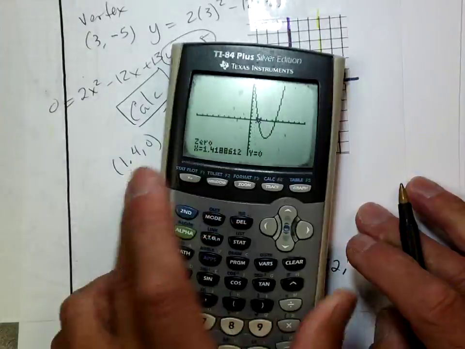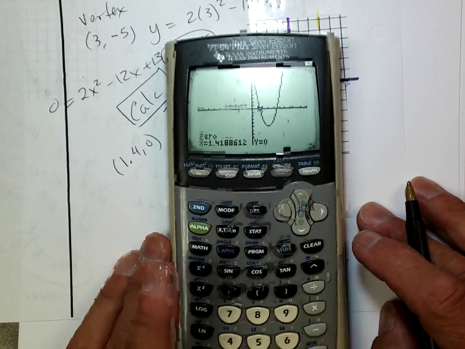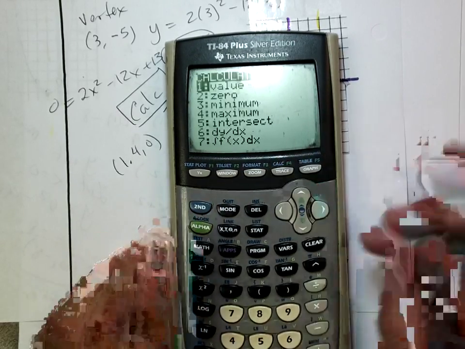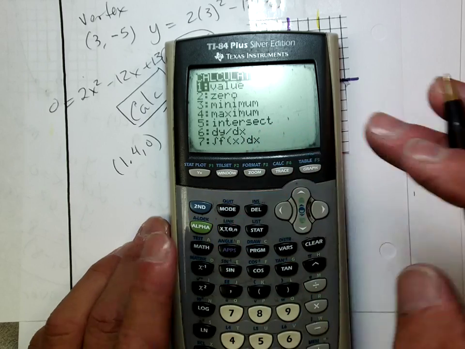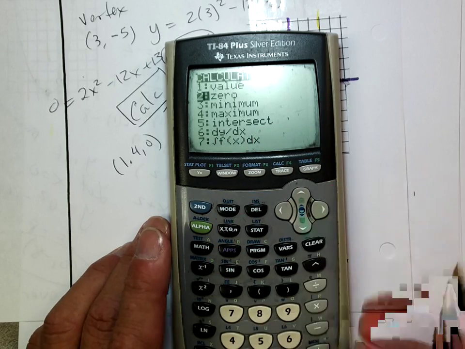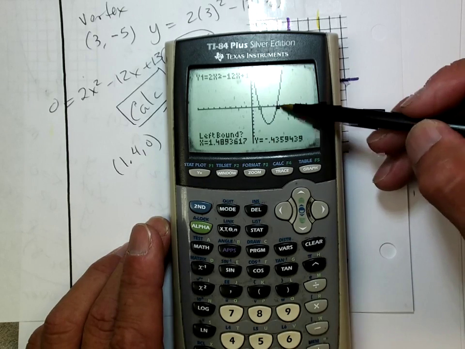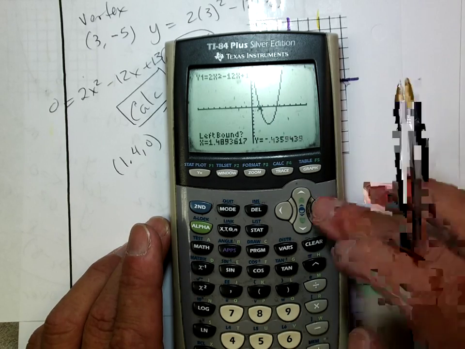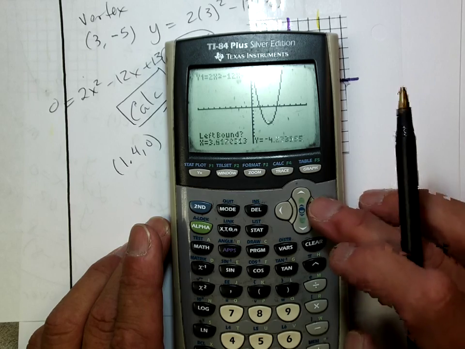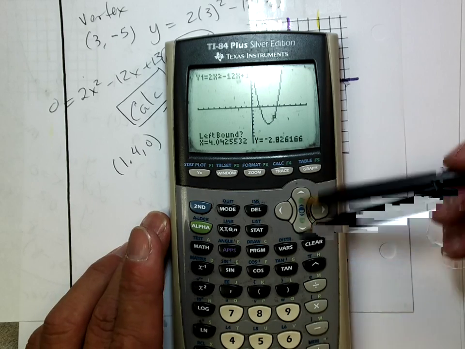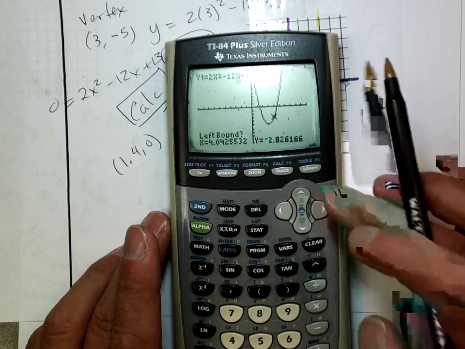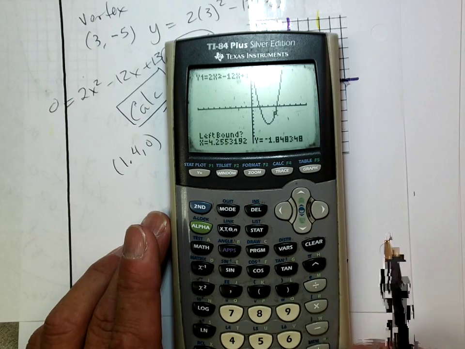All right. Let's try that again. So now let's calculate the other zero. So I went second, calculate. Let's go to zero. And I need left bound. In this case, the left of it would be below the x-intercept. So I'm going to take my cursor and have it below it because that is left of it. I know it's a little confusing. Don't use the up and down arrows. Don't use the back and forth arrows. So I'm going to lock it in, enter.